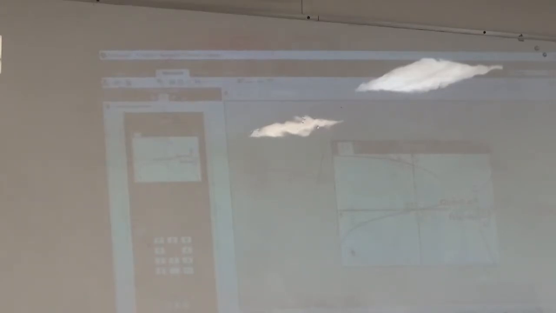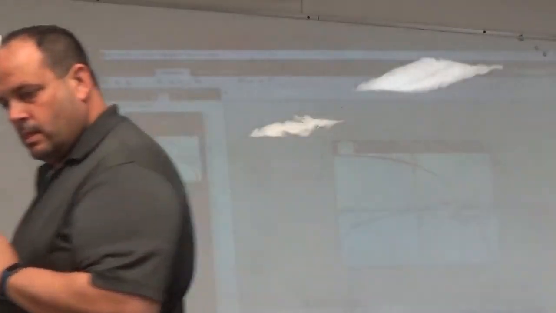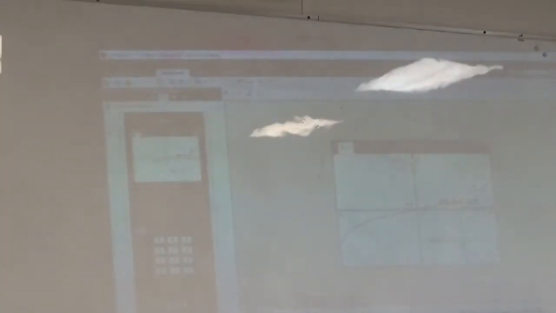What's the region that you're looking for, the area? You have to be bounded, you have to be trapped by f of x, g of x, and the y-axis.